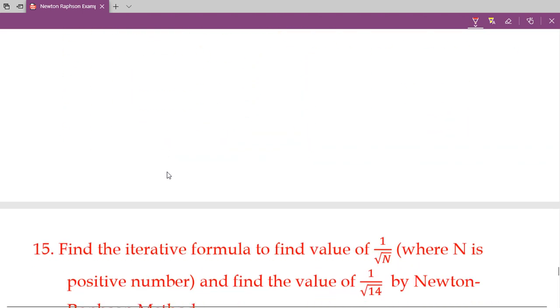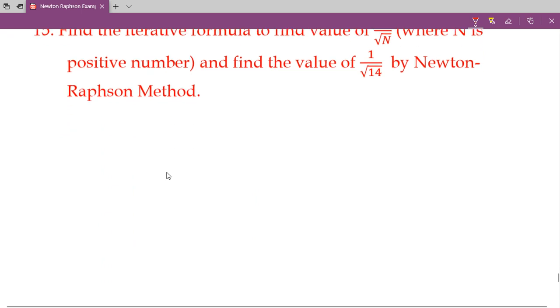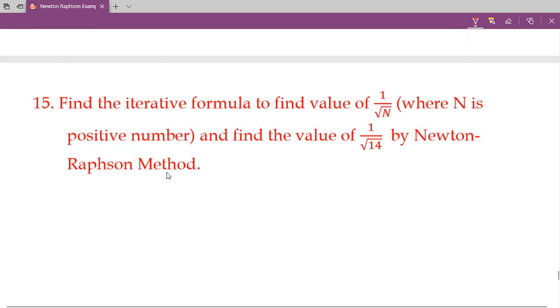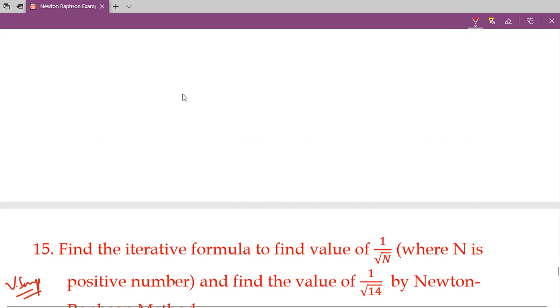Now we shall go for one more very important problem. Earlier, in the last two examples, we have seen how to find the iterative formula for root n in the 12th one. In the 13th one, we saw how to find the value of the reciprocal of a number.